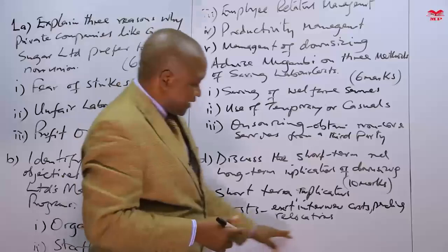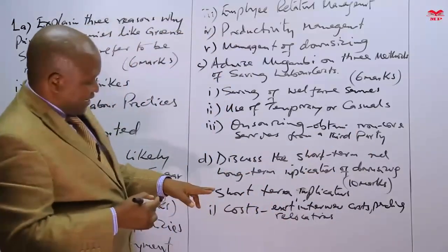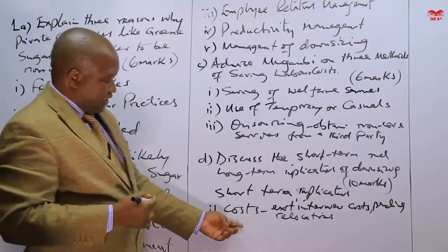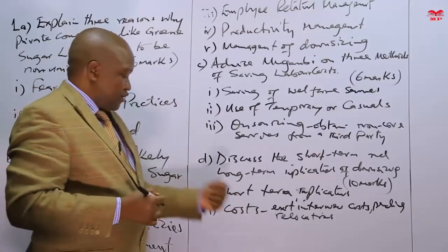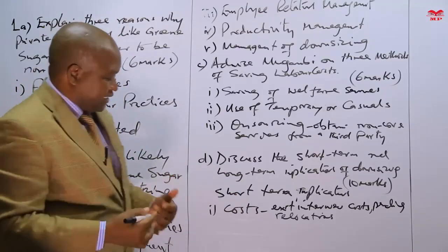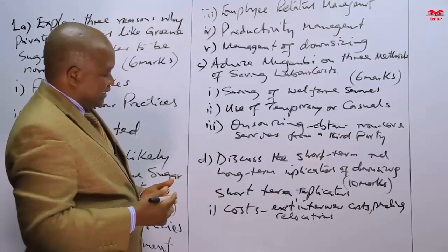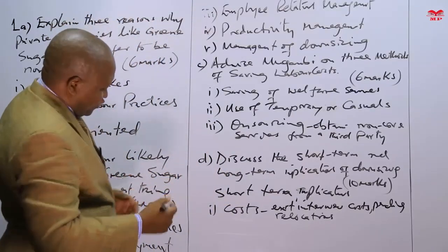So when all those are taken cumulatively, they are looked at in terms of the costs of termination, and these are normally in the short term because they are supposed to be met immediately an organization is cutting the relationship with an employee.